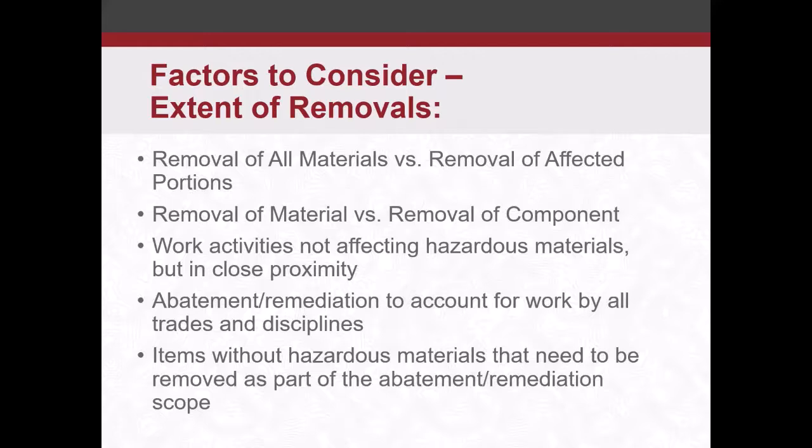Well, the abatement contractor still needs to remove those wall systems in case you have debris or damaged material behind it. You don't want the demo contractor, the GC, removing that and discovering there's a mess that isn't contained. So those sort of things you've got to account for. You've got to make sure that they know, okay, the abatement contractor's got to remove these even though they're not a hazard.